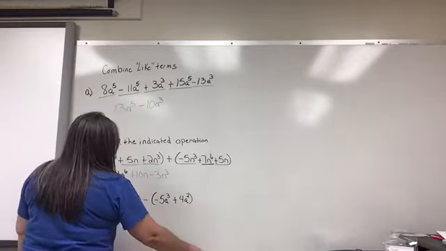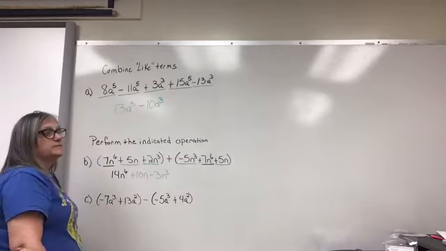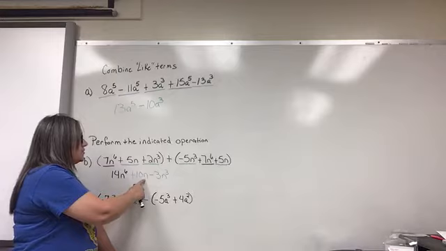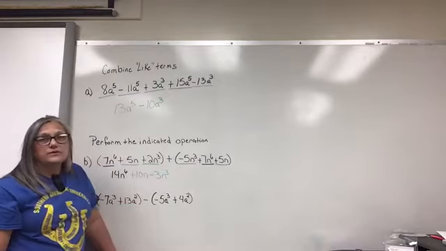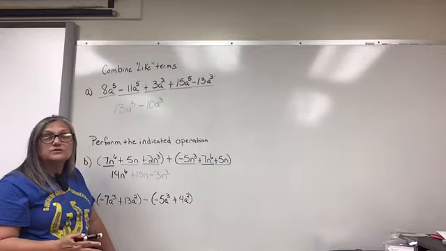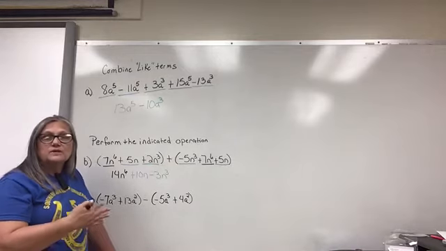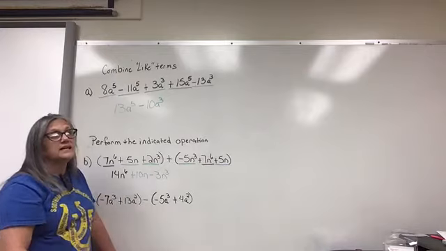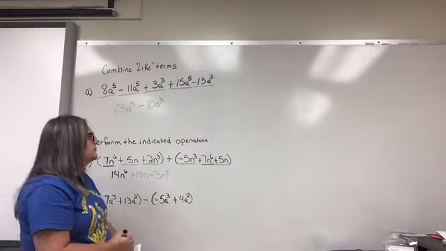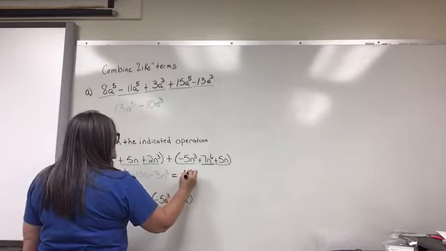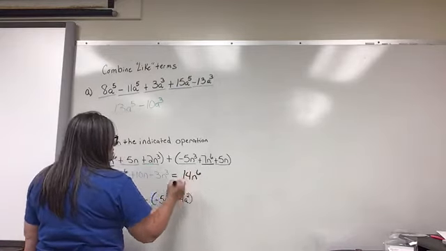But I don't like those numbers in that order. And the reason I don't is because I go from the degree of 6 to a degree of 1 and back up to a degree of 3. I want my degrees to be in descending order, which means that I start with the highest degree first and work my way down until I get to no degree. My highest degree is 6, so that's the term I'm going to put first.